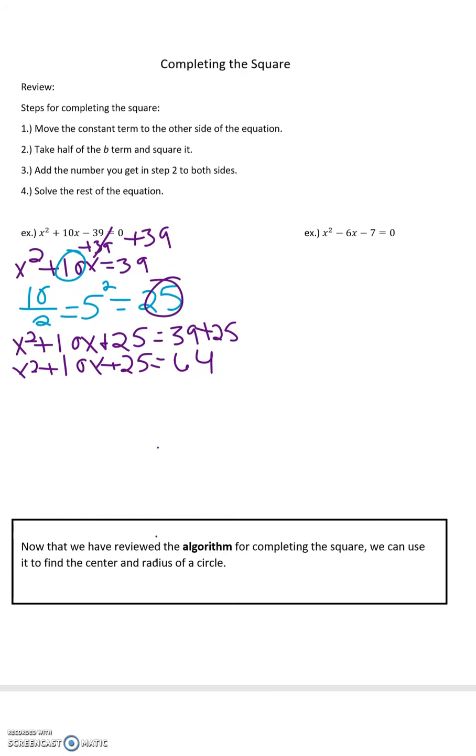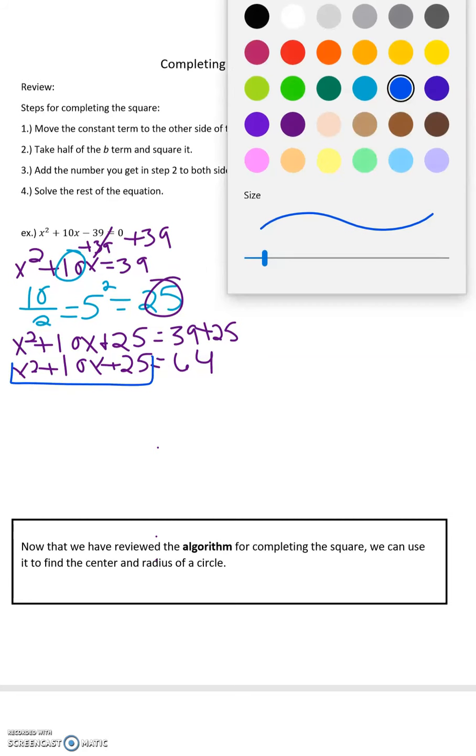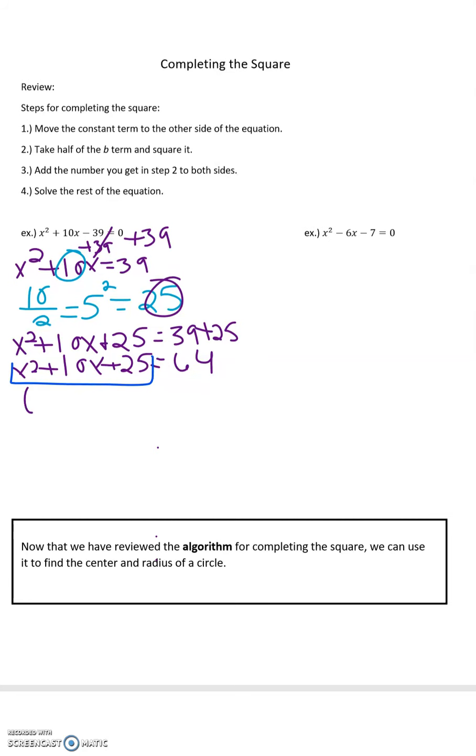After that, I want to factor this trinomial, which is going to factor to x plus 5 times x plus 5. So x plus 5 times x plus 5 is the same thing as x plus 5 squared. Now to solve, we're going to take the square root of both sides.